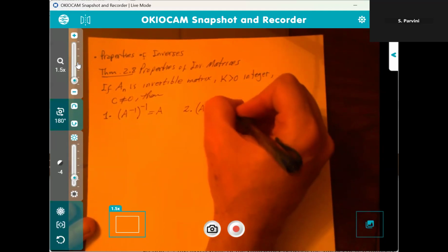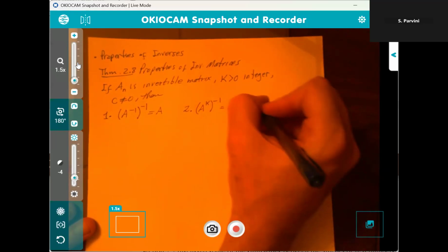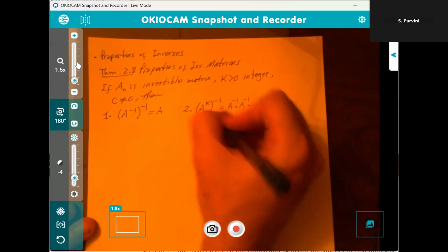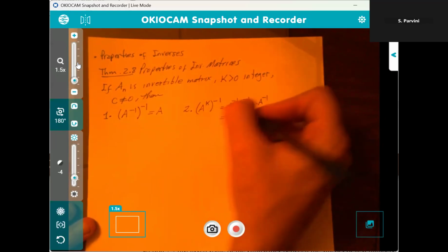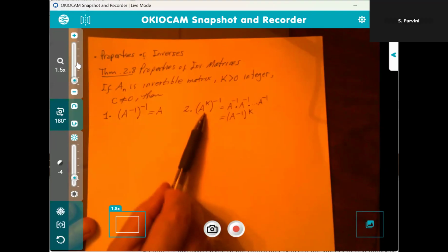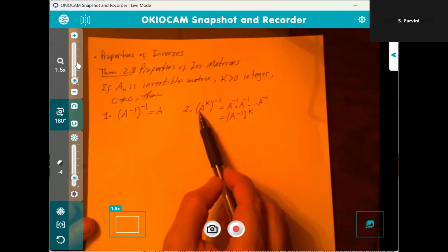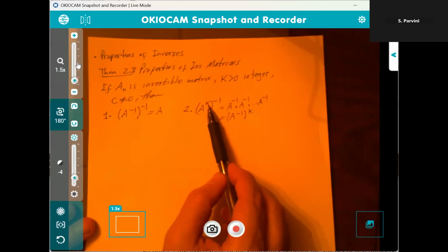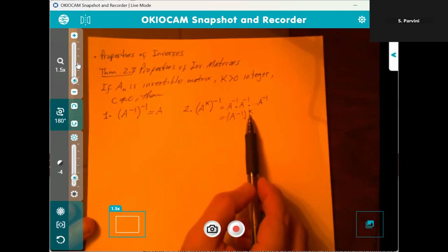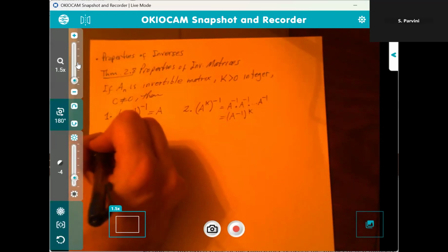Well, we can do it by doing A inverse times A inverse, k times. So it's going to be A inverse to the kth power. So you can switch the k and -1. You can raise A to a power and find its inverse, or find its inverse, then raise it to a power. So that's property number 2.